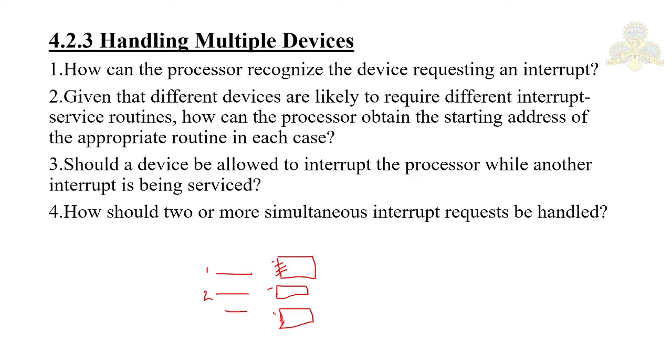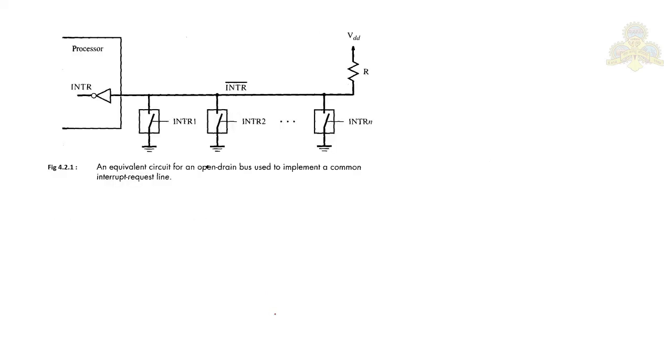The means by which these problems are resolved vary from one computer to another, and the approach taken is an important consideration in determining the computer's suitability for a given application. When a request is received over a common interrupt request line, as shown in this figure, additional information is needed to identify the particular device that has activated this line.